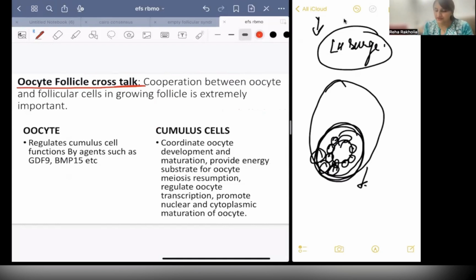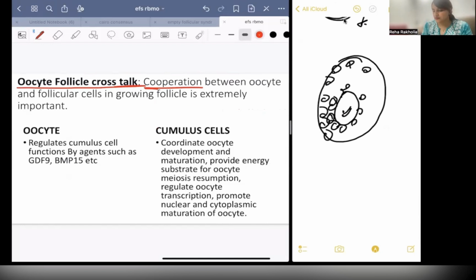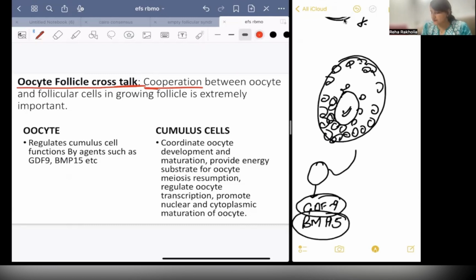This is the oocyte and these are the follicular cells, and they should be in cooperation. The oocyte regulates cumulus cells by many factors, but two factors I have given here, that is GDF9 and BMP15. This way the oocyte regulates cumulus cells.